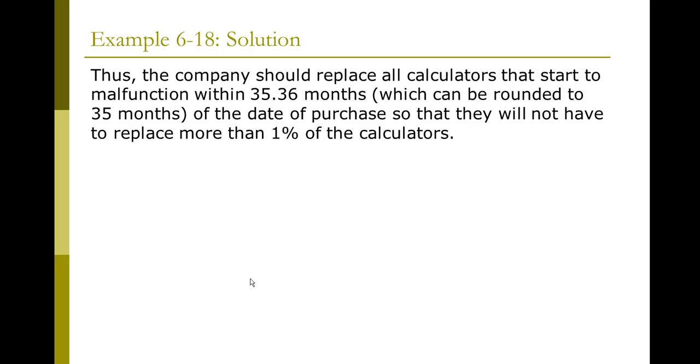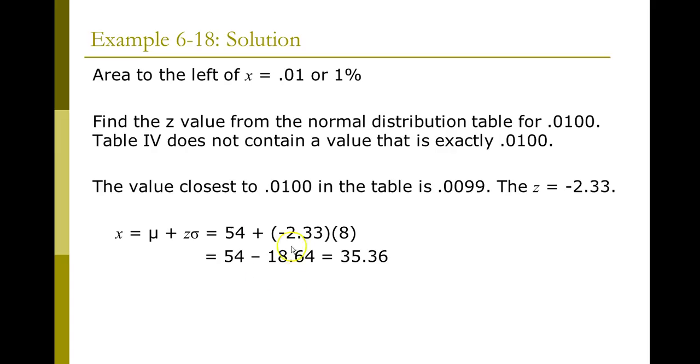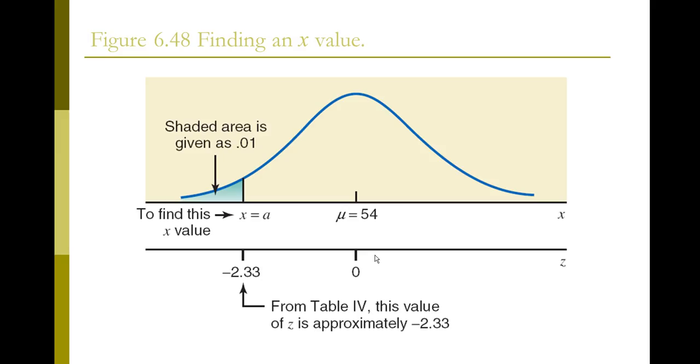So we get 54 minus 2.33 times 8 months. So we want to drop it down by about 18 months, and so that's about 35.36. So that's what this number should be. That's what our warranty should be.